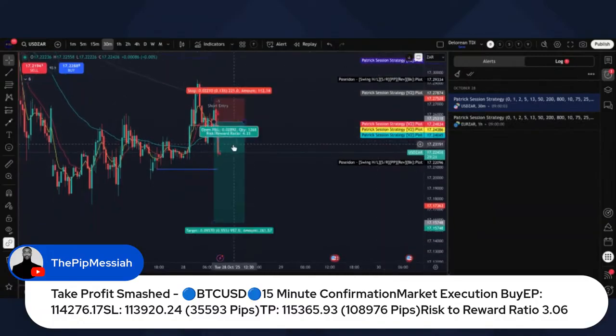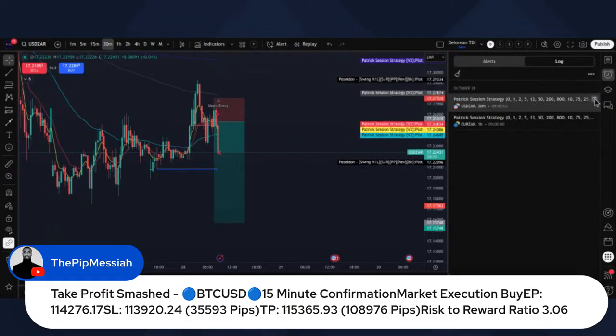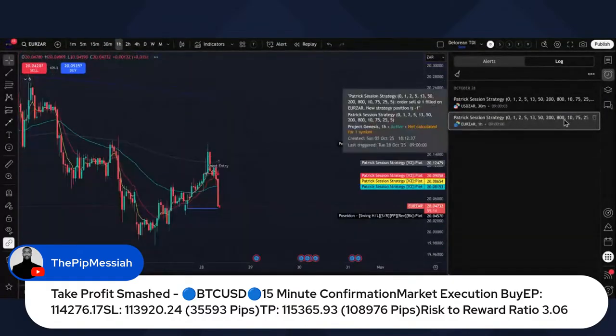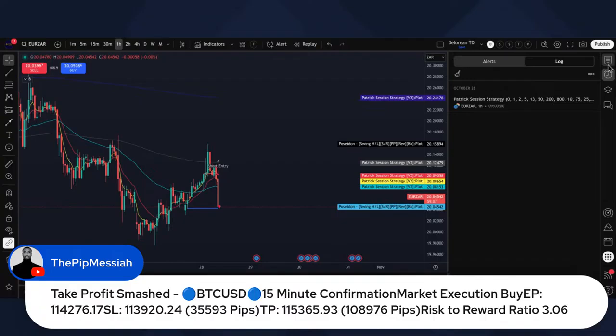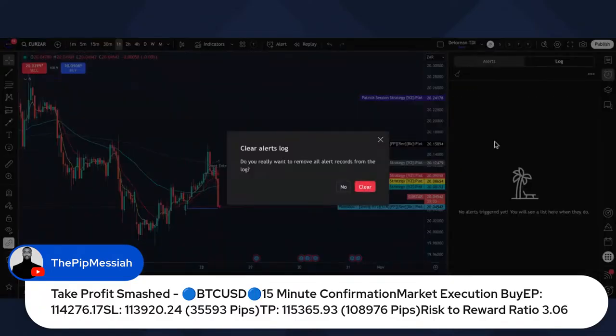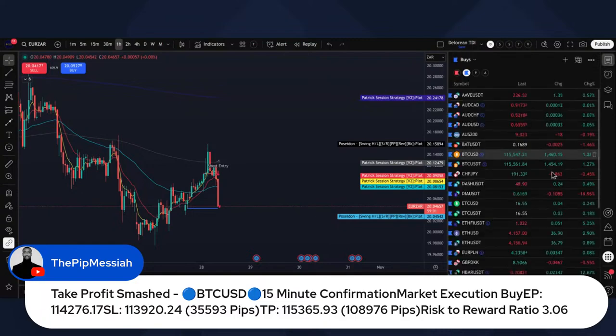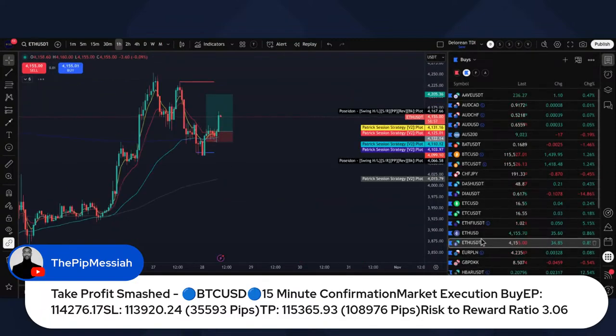And it is taking off nice and wonderful for us. Gonna go back to taking a look at Ethereum as we wait.